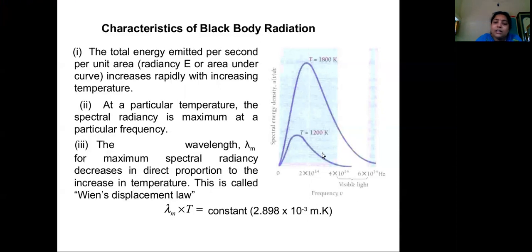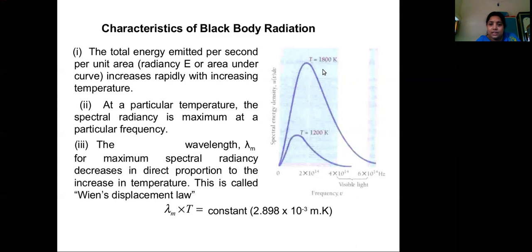And as you increase the temperature, the peak of the graph increases. The total energy emitted per second per unit area increases rapidly with increasing temperature. So the smaller peak here corresponds to a lower temperature, and the bigger peak corresponds to a larger temperature, 1800 Kelvin.